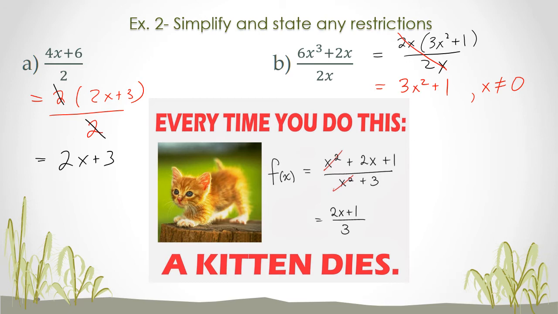So I'm going to give you another example here of what not to do based off of what we did. So let's go back to this. So we're going to say don't do. This would be bad. This would kill a cat. We don't want that.